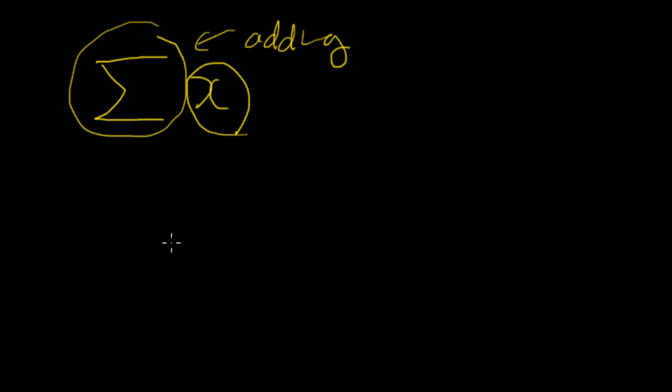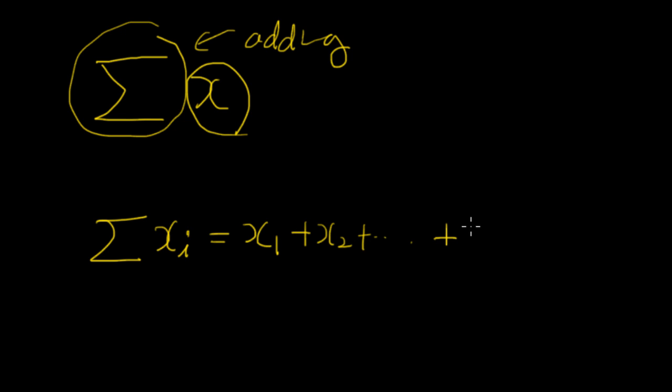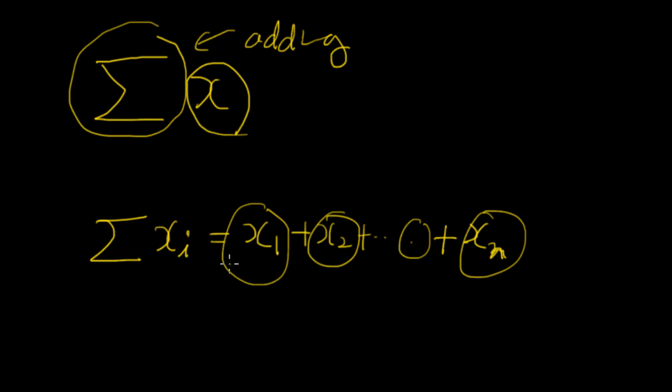In our PowerPoint, we had sigma of xi, and it was x1, x2, all the way up to xn. So what does that really mean? If you have all these separate data points, you are summing them up.